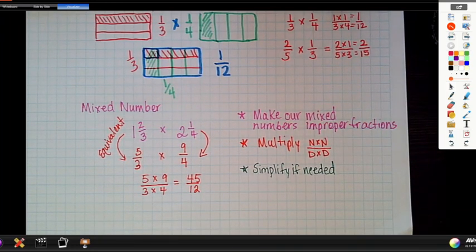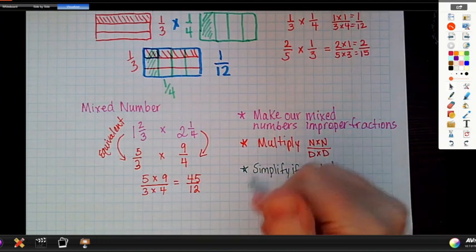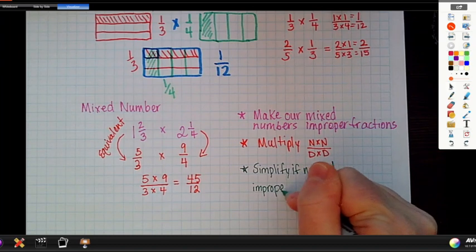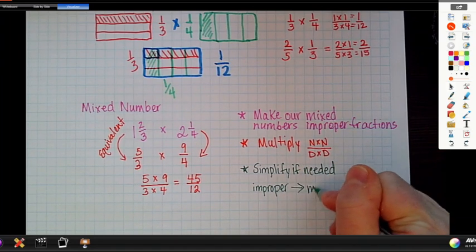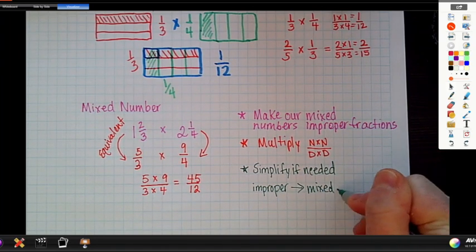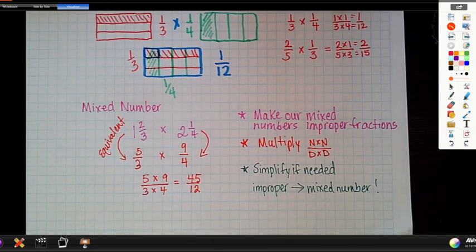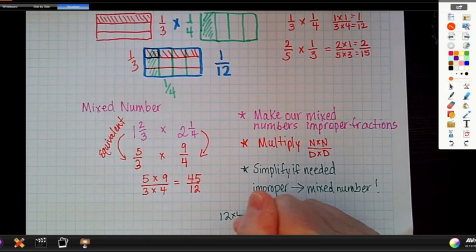So let's go ahead and take a look at this. This is an improper fraction. We want to make it a mixed number, which is what we started with. We're basically just putting it back to the form it was when we first started, okay? All right, how many 12s make a 45? Well, 12 times 4 is 48. Can't use that.